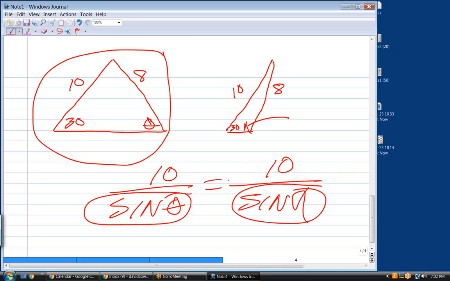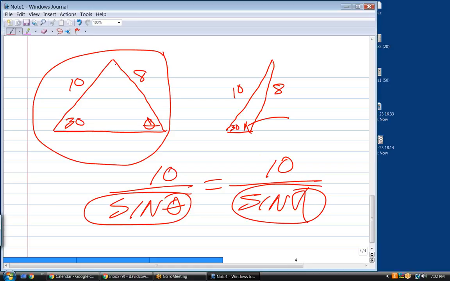So there is no violation of the law of sines. The law of sines merely says that the relationship between the sine of an angle and the measurement of its opposite side is the same in a given triangle, always.